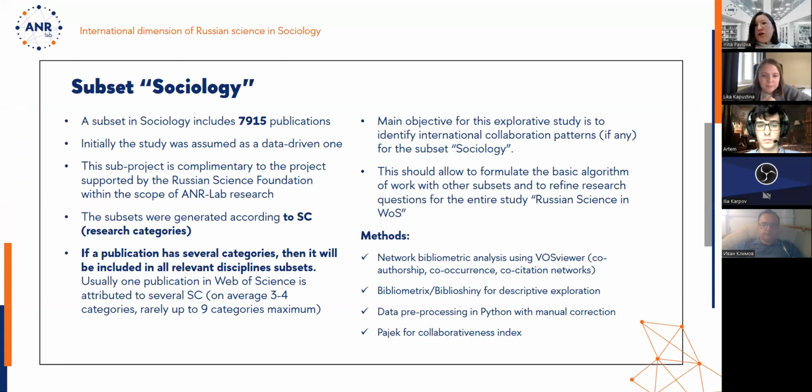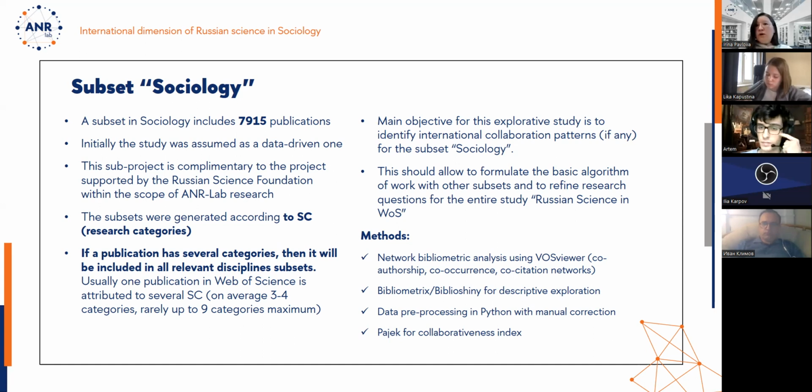And the original subset we started our work with, we decided to start with sociology as somehow a test bed, because the laboratory already had some projects in analysis of different collaborations in the sociological area, right? Collaboration of sociologists. And probably this could be the first step somehow to provide some insights in the data and somehow to structure, to generate this algorithm for analysis of all other disciplines.